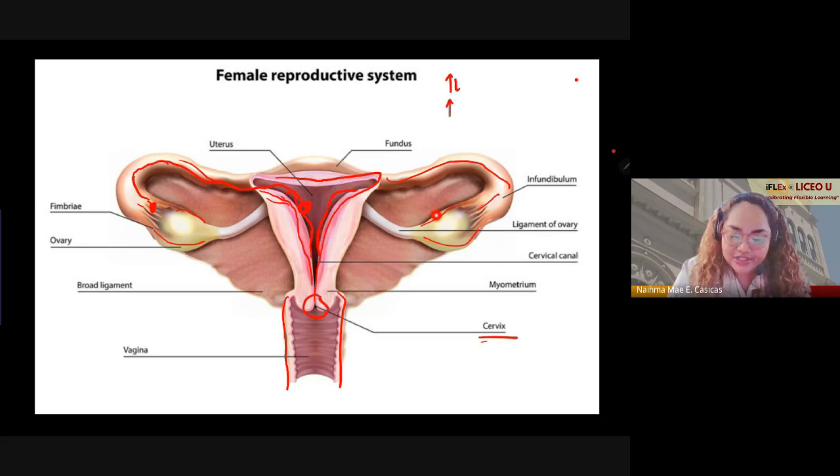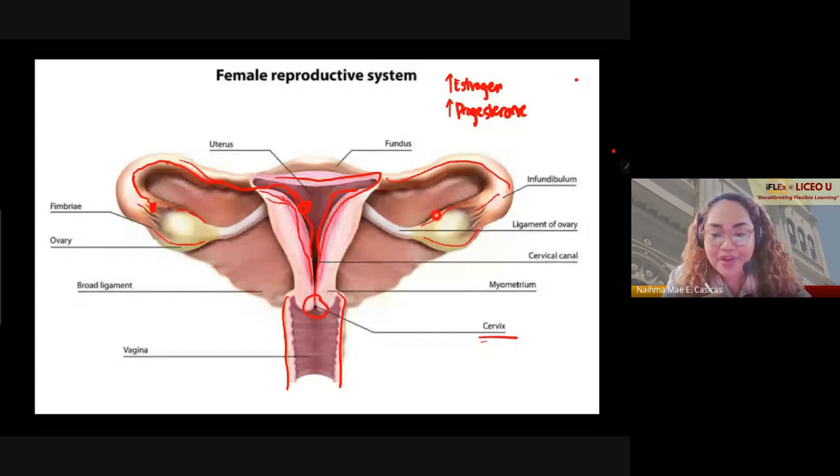Naatay estrogen and progesterone. If you have sisters, if you have mothers that take birth controls, kanang pill bitaw na birth control, mao ni siya ang component atong birth control. It's just synthetic estrogen and progesterone.